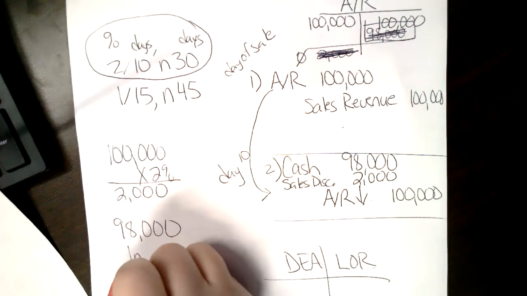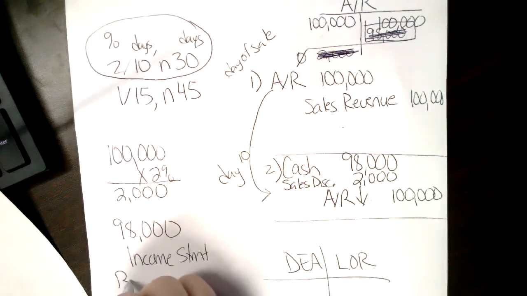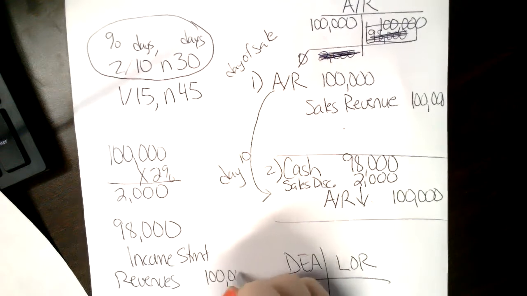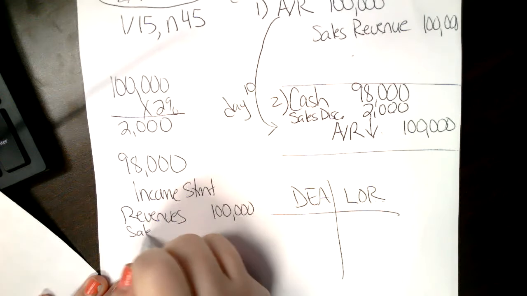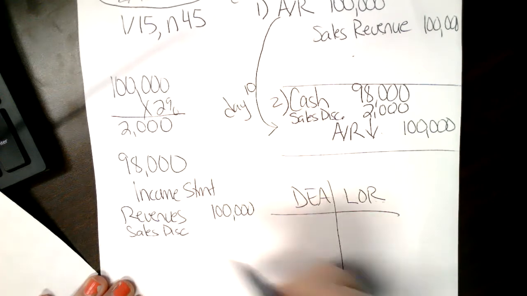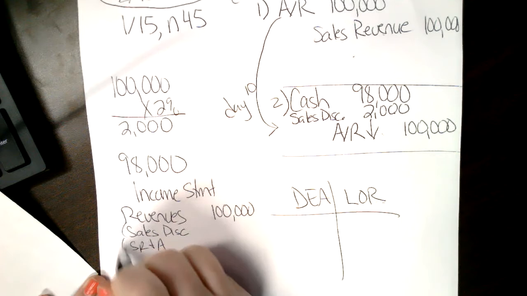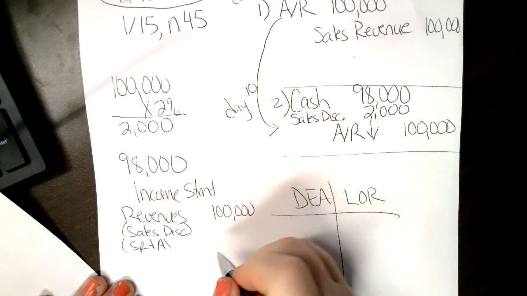So for Nike, here's Nike's income statement. They had revenues of $100,000. Sales discounts, and sales returns and allowances that we saw earlier in the video, are all contra revenue accounts. So they act right here to reduce revenues.